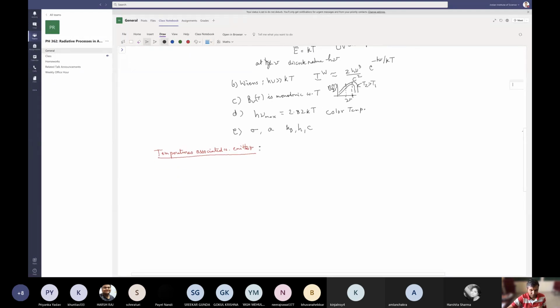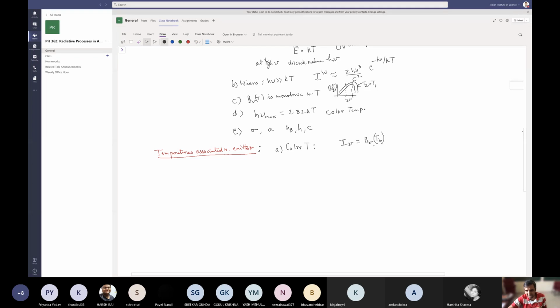So first, say color temperature. Color temperature is defined such that the intensity that you're observing is equal to B_nu(T_B). So you're observing some source at some frequency and you measure its specific intensity I_nu.